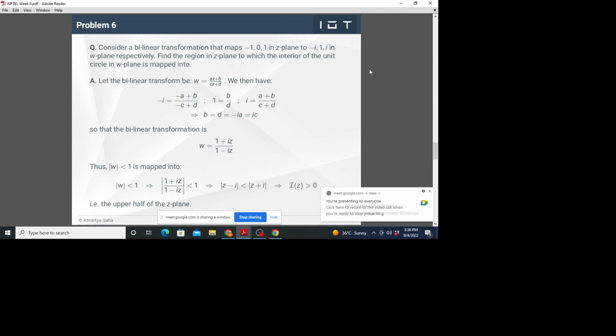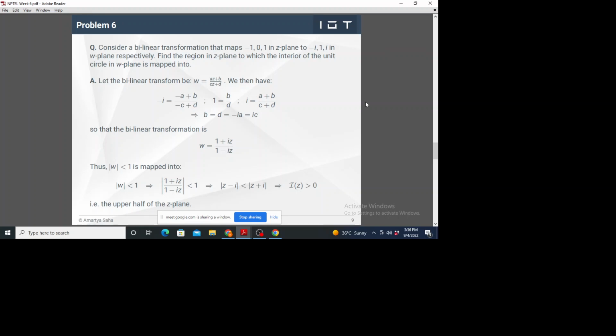Here we have to first find the bilinear transformation and then look at the map of a given region. Consider a bilinear transformation that maps these 3 points in the Z plane to another 3 points in the W plane.